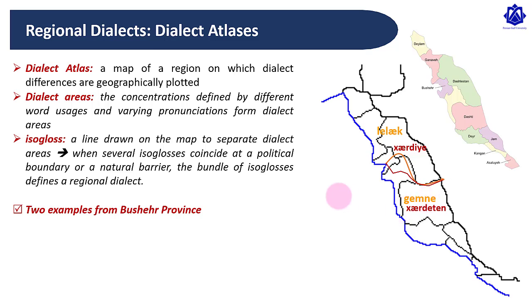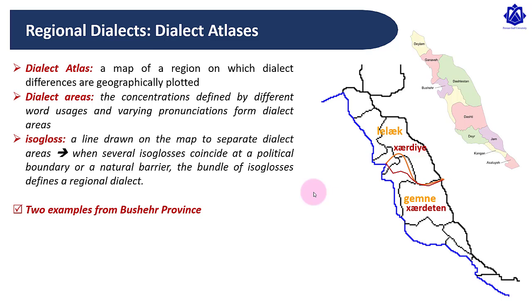So that was dialectology and what is there: when do we call a form a dialect, when do we call it a language, how we can make boundaries between dialects by using isoglosses.